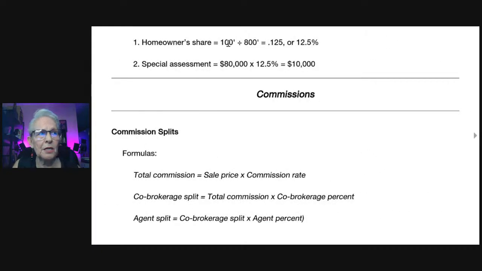Homeowner's share: 100 feet divided by 800 feet equals 0.125 or 12.5%. The special assessment will be 80,000 times 12.5% equals $10,000. So that's what they're going to have to pay in that area for whatever repair or improvement needs to be made.